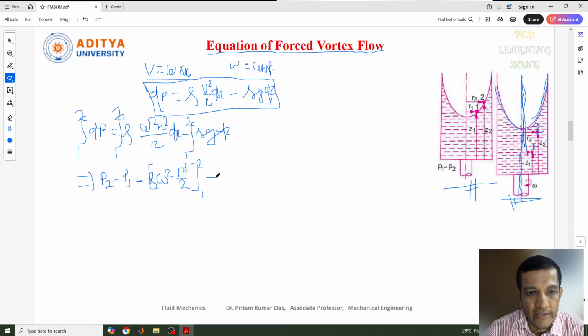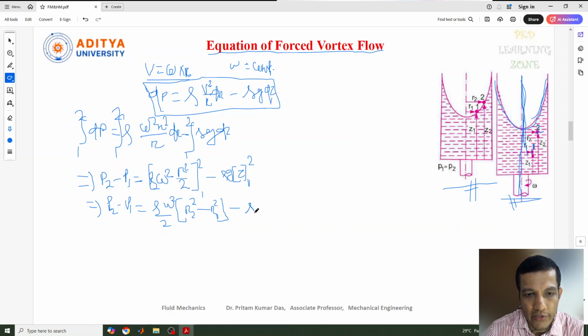Next, minus rho g dz: rho g is constant, so we take it outside the integral of dz from 1 to 2, giving rho g times the bracket of z from 1 to 2. Now we can write P2 minus P1 equals rho omega square into the bracket of R2 square minus R1 square, putting in the upper and lower limits for R.